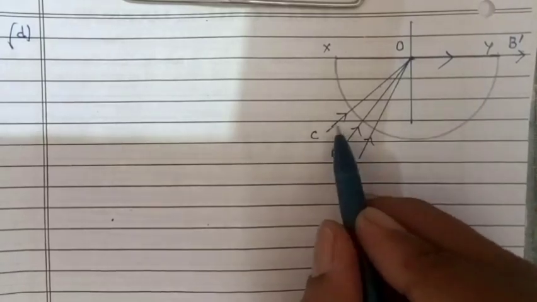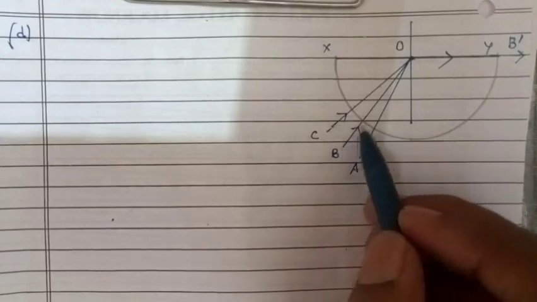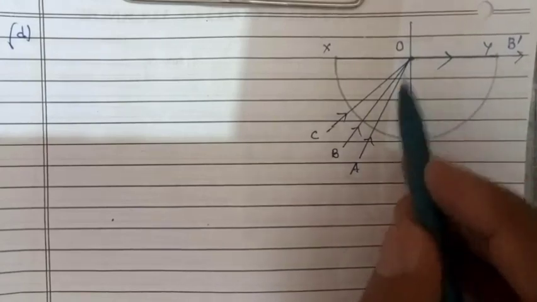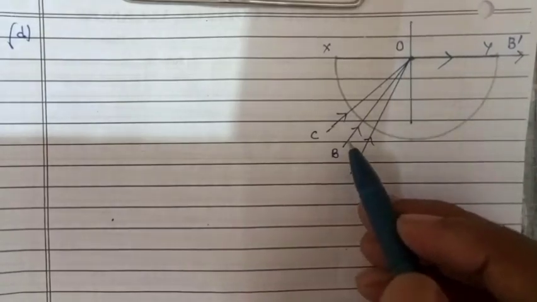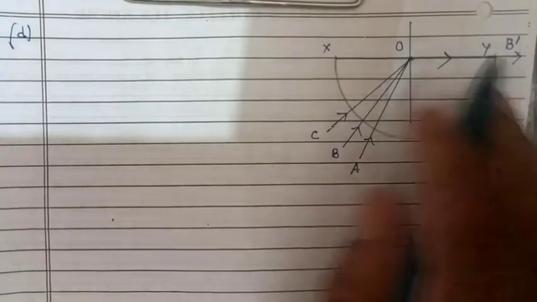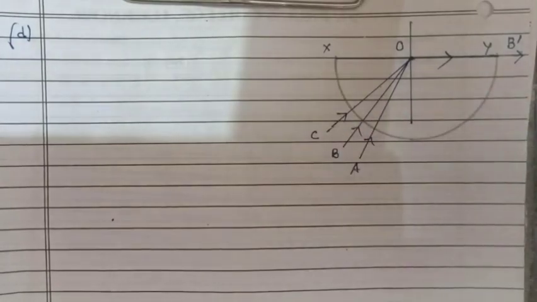Now of these three rays, they have shown you the path of the ray B. As you can see in the diagram, the path of the ray B is along the surface.